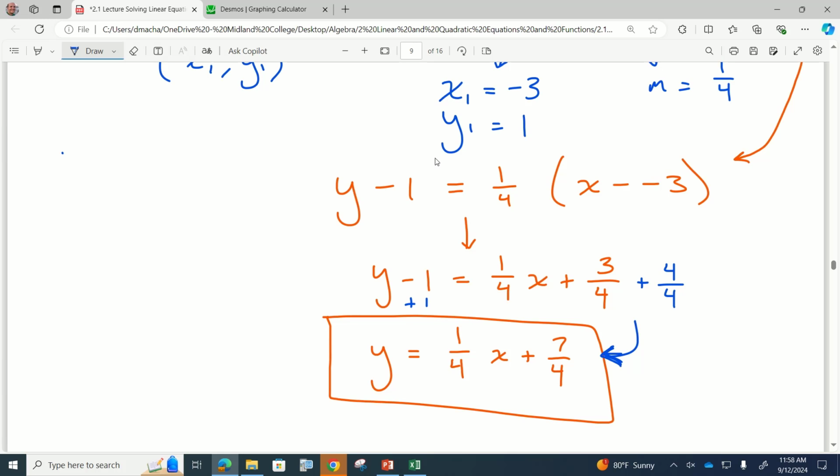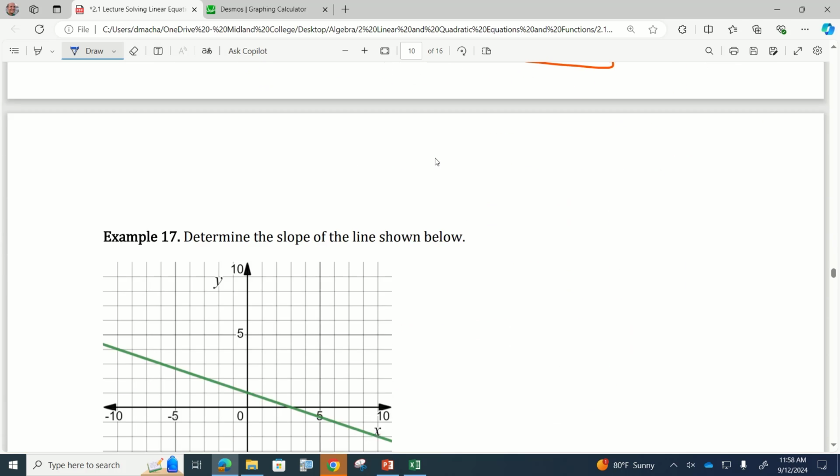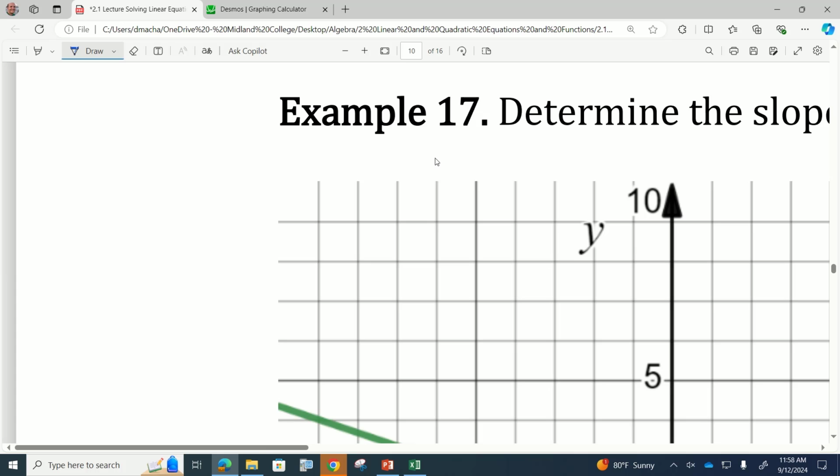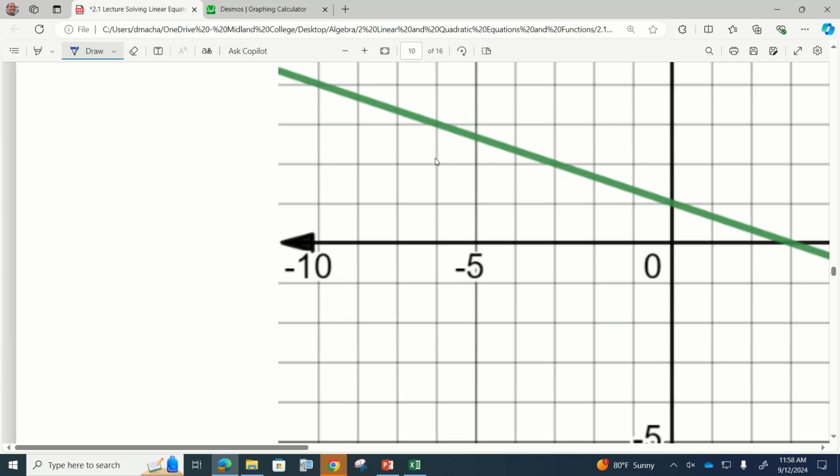So we ended up with something else. All right, let's see what we got. Determine the slope of the line shown. Can you guys tell what this slope is of this line? Perfect. So slope, remember, is rise over run. What you're trying to look at is, pick any 2 points along this line, like maybe that point and that point.